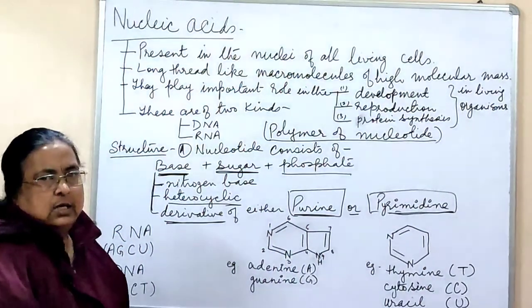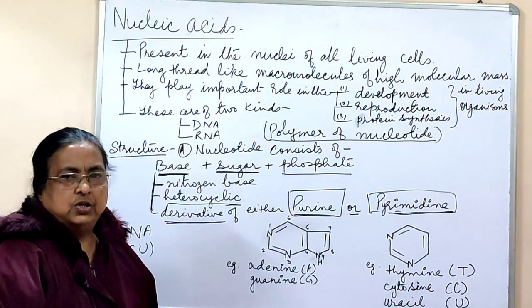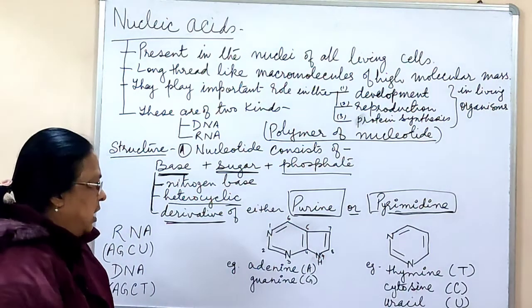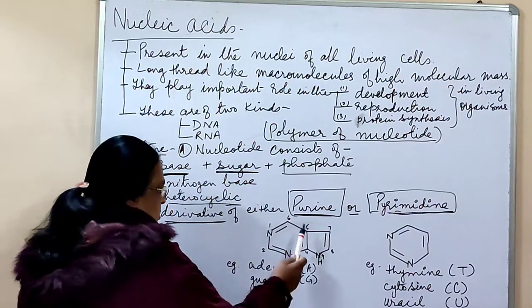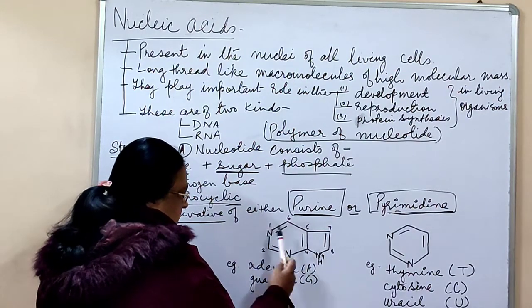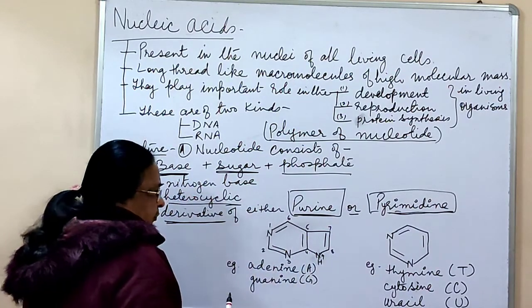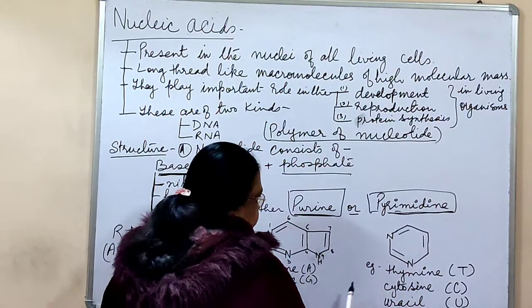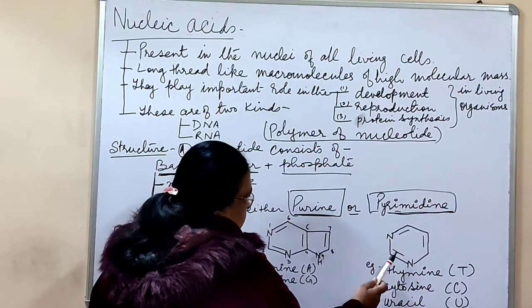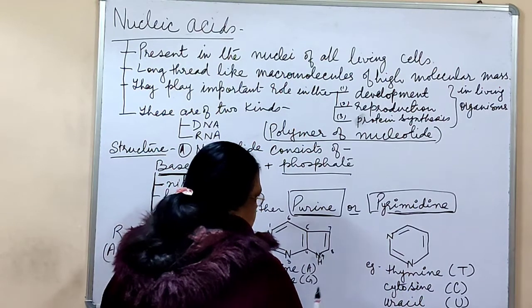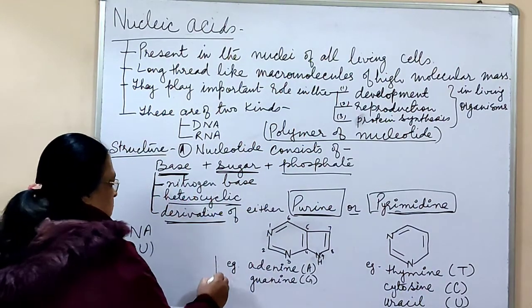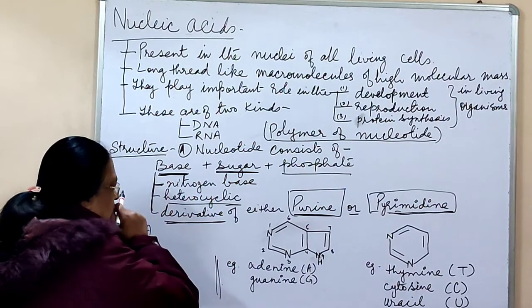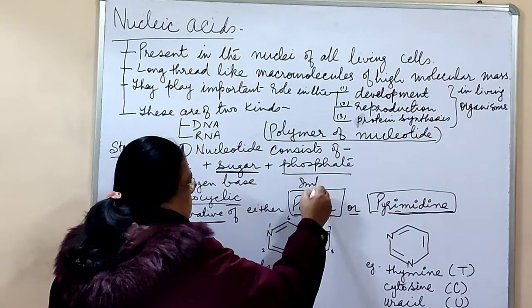Now the second semester questions will come descriptive, and so you may be asked to draw the structure. So this is the general structure of purine, and this is of pyrimidine. Pyrimidine has a hexagonal ring, and at two places you can see nitrogen.